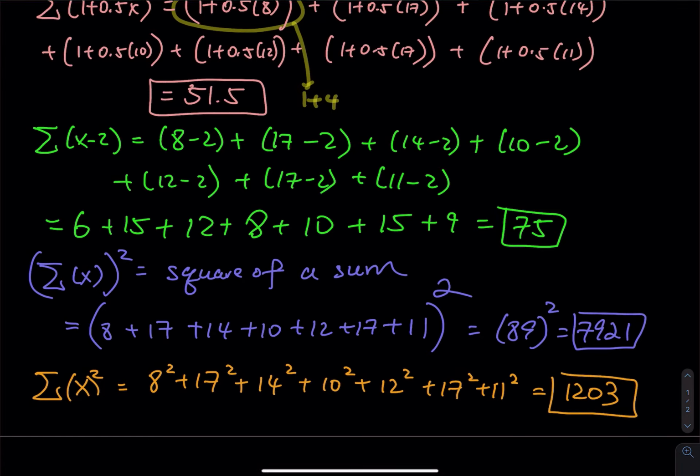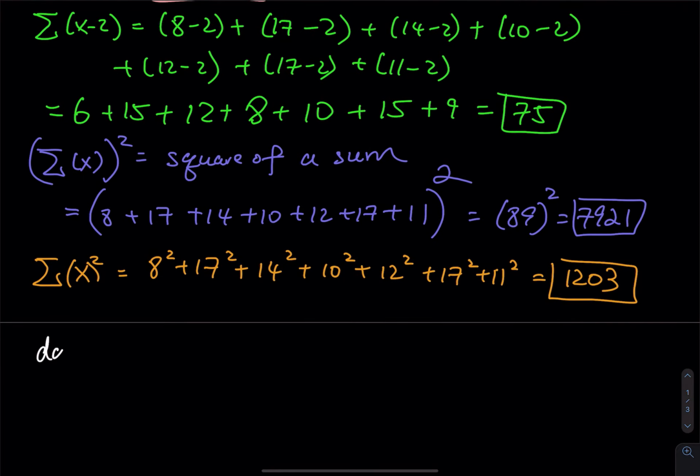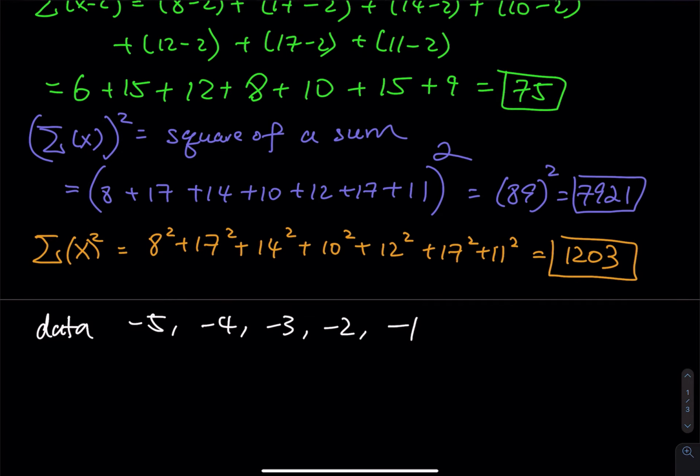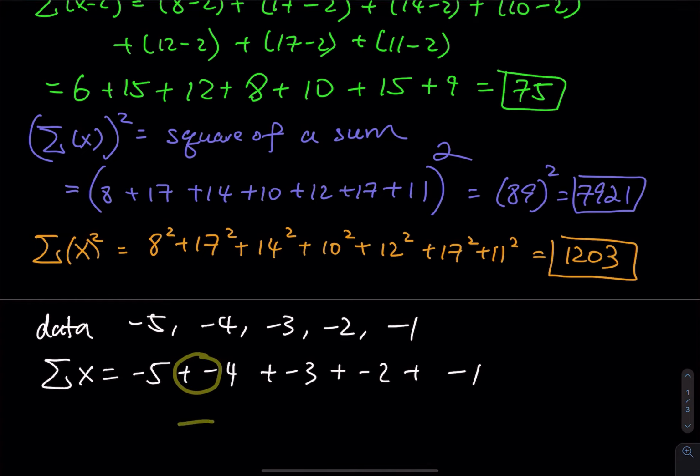And then before I end this video, I want to give you a set of negative values. Let's try the negative values. So how about this? I have a data: -5, -4, -3, -2, and -1. So what is the sum of x? So the sum of x is -5 plus -4 plus -3 plus -2 plus -1. So when you see the plus and minus, you end up with a minus, right?